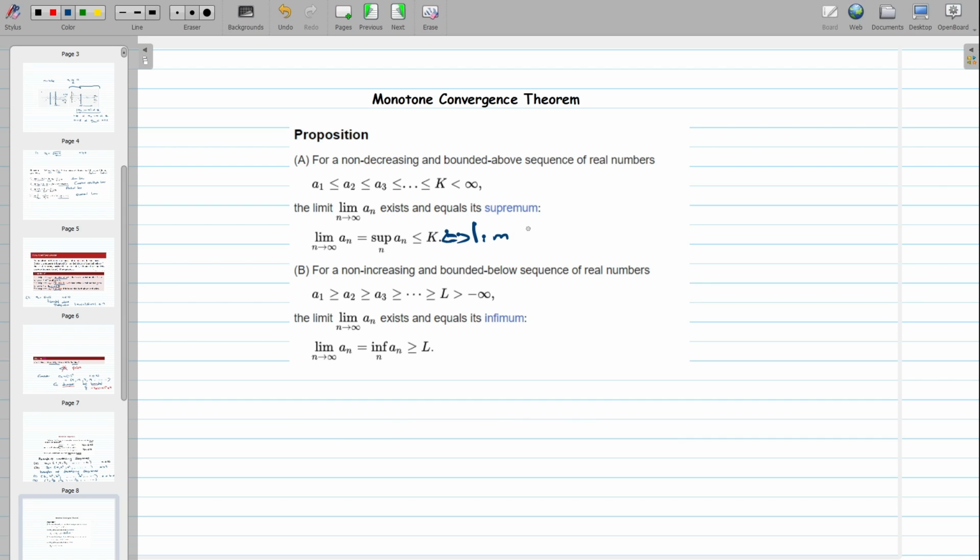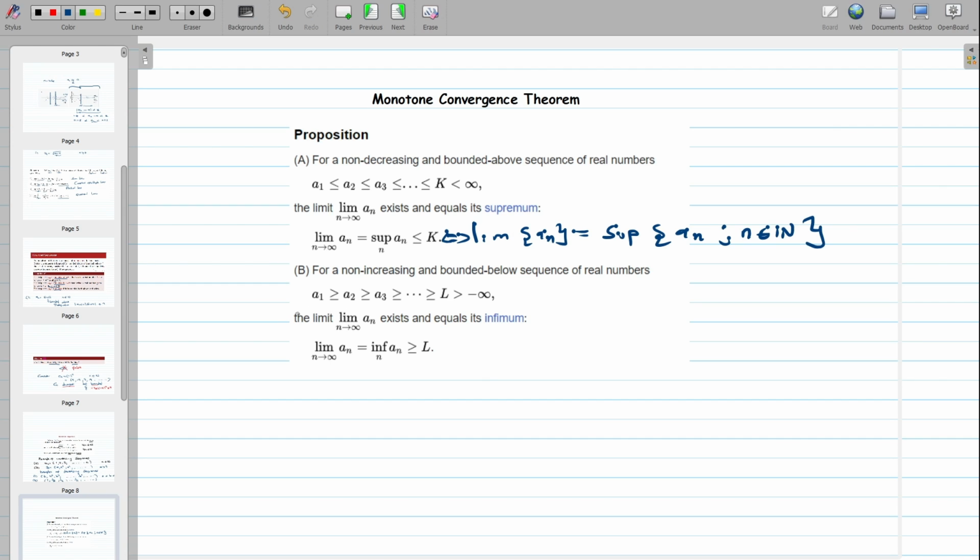The limit of the sequence a sub n is going to be equal to the supremum of the terms a sub n such that n is a natural number. Maybe here we need to use the curly braces like so.